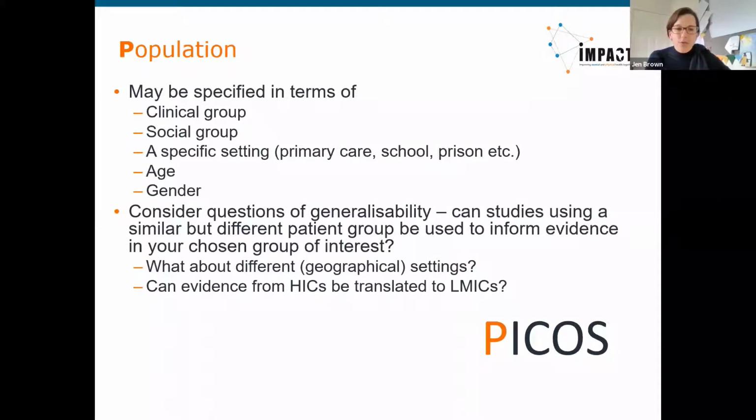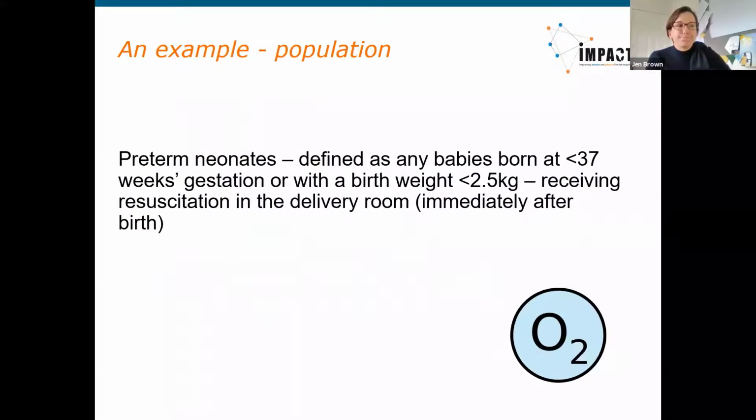So coming back to the oxygen example, we defined preterm babies, like I said in my question. So preterm neonates were defined as any baby born at less than 37 weeks gestation, so born before 37 weeks of pregnancy, or with a birth weight of less than 2.5 kilos.